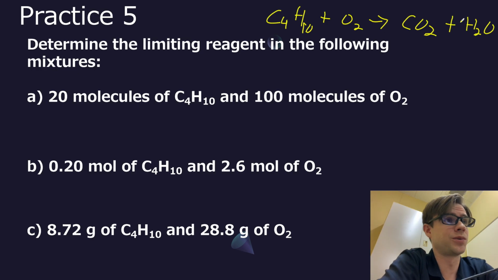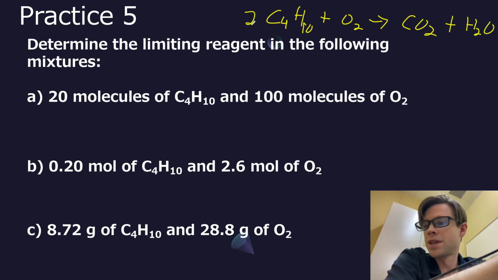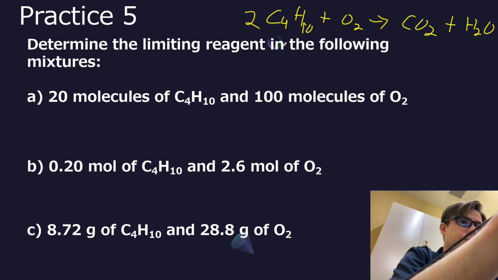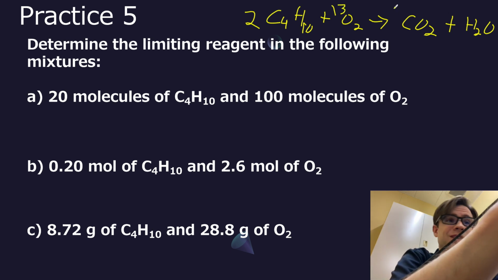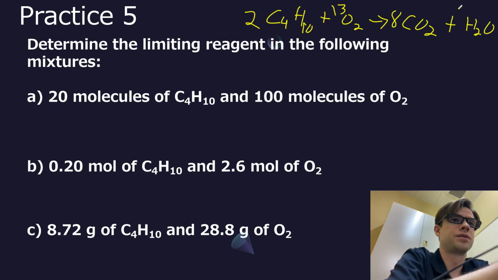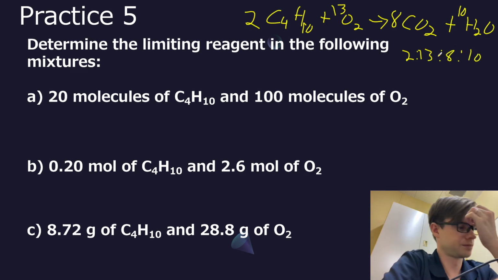We have to do fractions with mole ratios, so I'd rather just have whole numbers in this. So this will be 2 C4H10 plus 13 O2 goes to 8 CO2 and 10 H2O. Everything should be balanced in that. So ratio of 2 to 13 to 8 to 10 should work out.